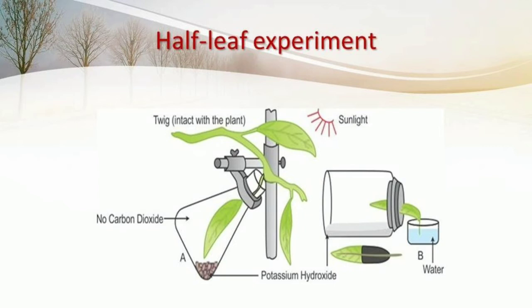This shows that carbon dioxide is required for photosynthesis. In the above experiments, the first one requires the presence of light, and the second requires the presence of carbon dioxide. Both light and carbon dioxide are essential for the process of photosynthesis.